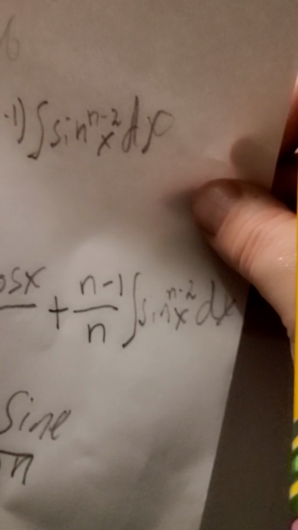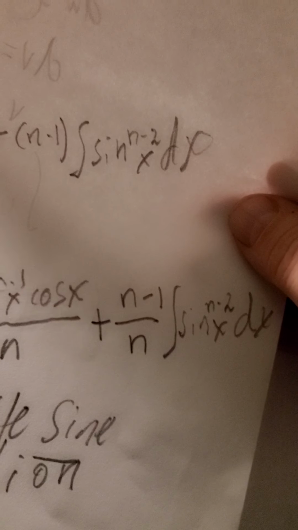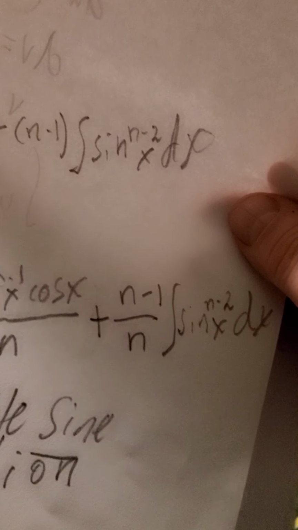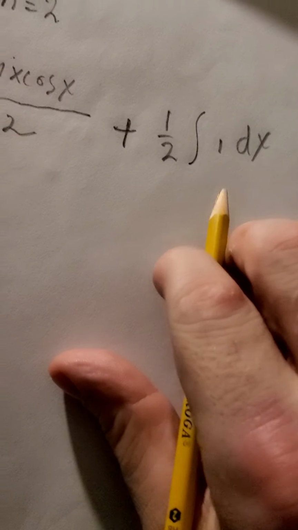So in the reduction formula, n minus 2, 2 minus 2 is 0, and that's just 1. Anything raised to the power of 0 is 1. Sine is no exception. Sine to the power of 0 of x is going to be 1, so it's like integrating 1. So you've got the integral of 1 dx, which is going to be x, right?